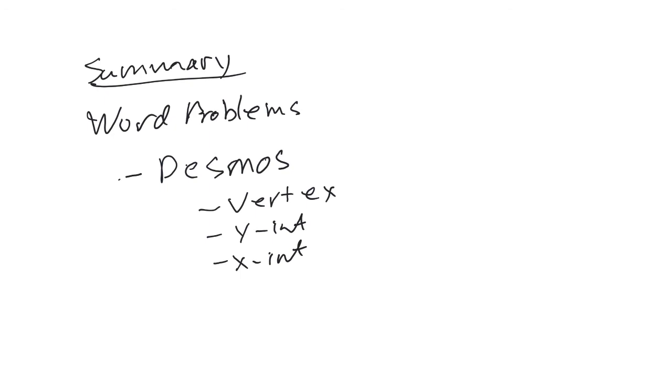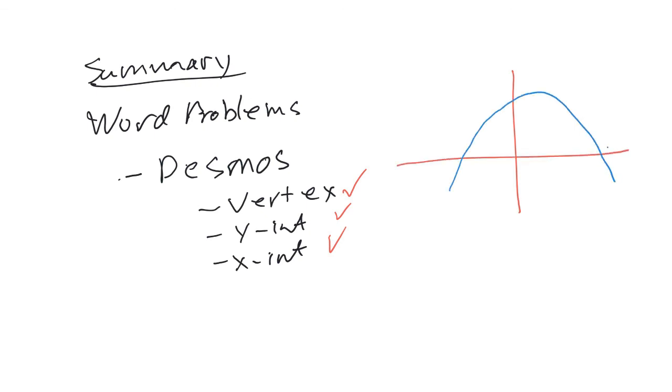Now, each of these things that we have here in our parabola, remember, a parabola will look like this, where we have our x-intercepts here, and then we have our y-intercept here, and then we have our vertex V here. And each of these, when you refer to them, will be in point form.